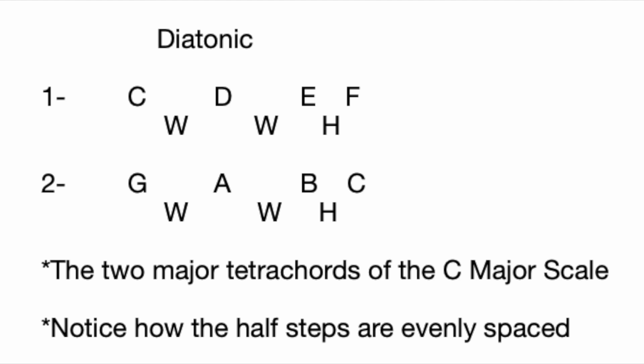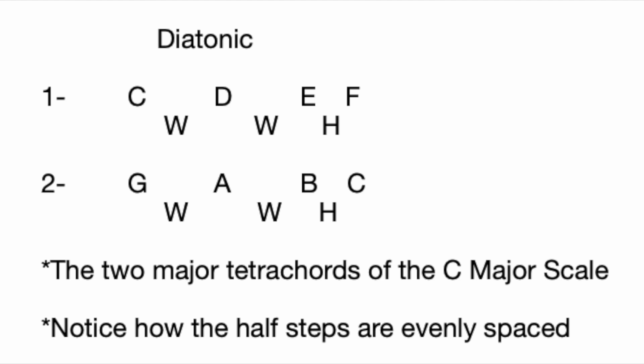So all these modes that are based off the major scale are also known as the diatonic modes. This is an old Greek thing. The word diatonic basically comes from this pattern that is a whole step, then a half step. So if we're thinking in the key of C, it'd be C, D, E, F. That's the bottom.